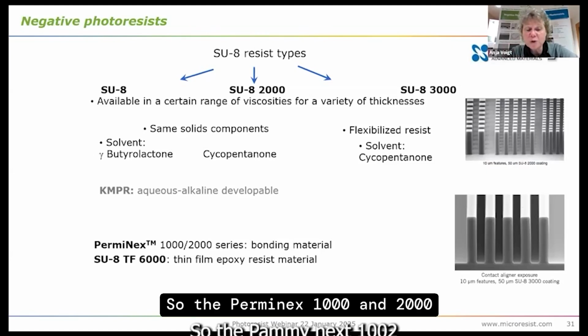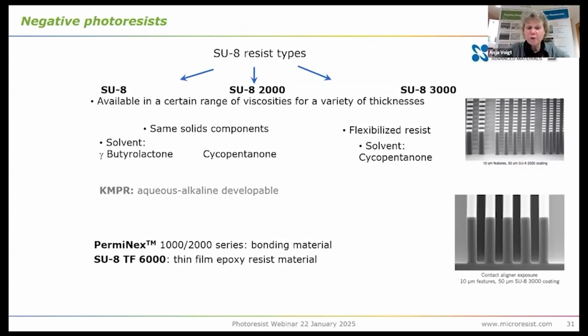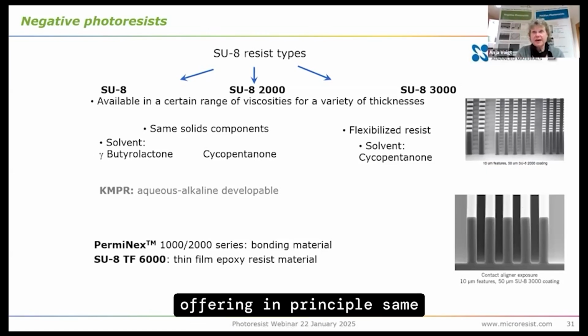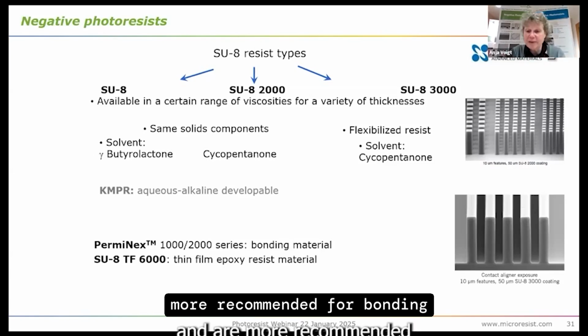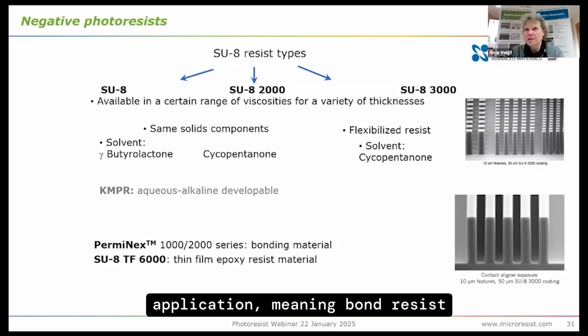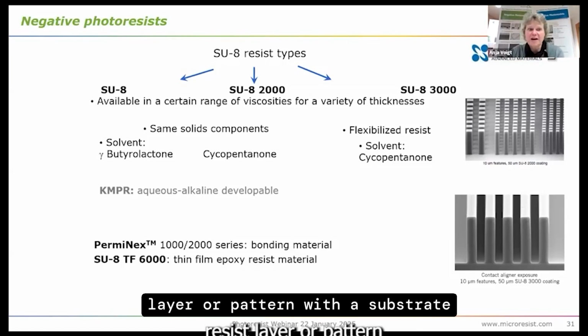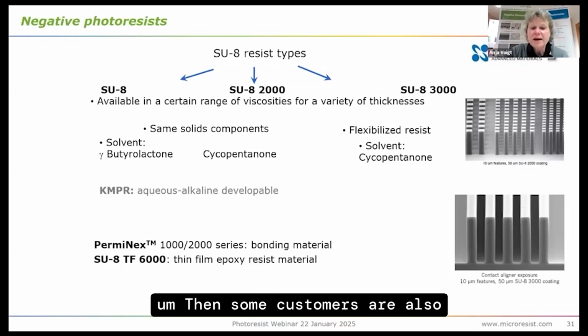So the Permanex 1000 and 2000 series are available, offering in principle the same background chemistry, and are more recommended for bonding applications, meaning bonding a resist layer or pattern with a substrate or two substrates, whatever you want.